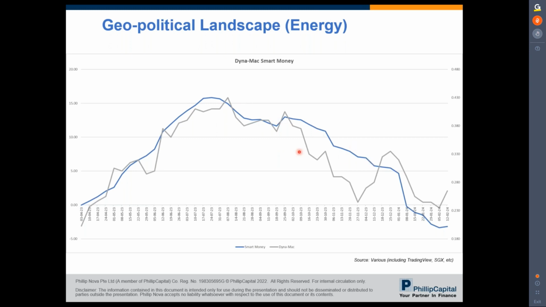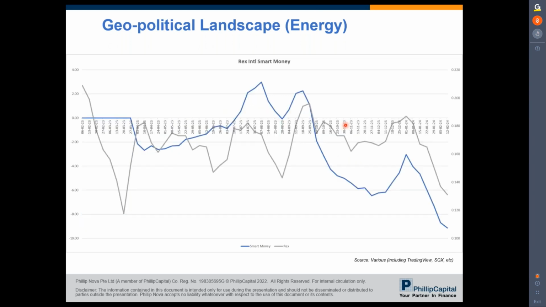No opportunities, right? Of course, in the early part of the year, they were buying, but after July, they've been selling up to now. So no opportunity to invest in Dyna-Mac as of now.